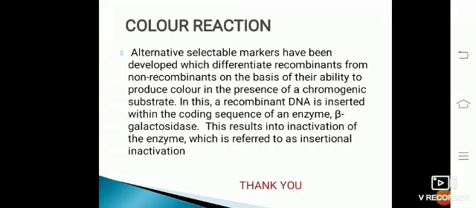What is insertional inactivation? Define the features of a cloning vector and draw a well labeled diagram of pBR322. p for plasmid, BR denotes the names of the scientists, Bolivar and Rodriguez. 322 is used as a vector for making recombinant DNA in biotechnology.